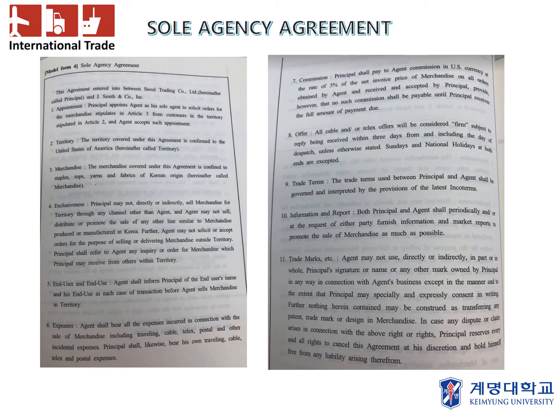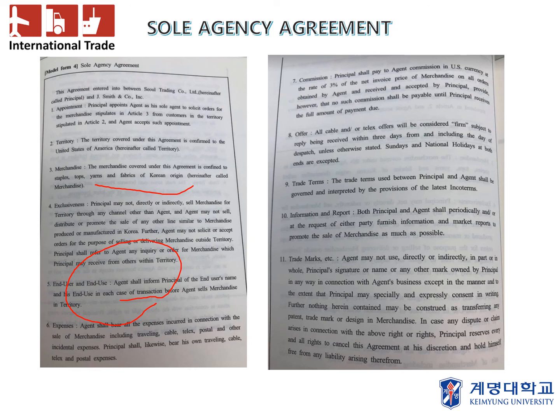So it describes the products, what are the products that are being sold, and the end user agreement shall inform the principal of the end user's name and his end use in each case of transactions before the agent sells merchandise in the territory. That's why the identification is very important: who will use, who will sell, then including the expenses and a lot more.